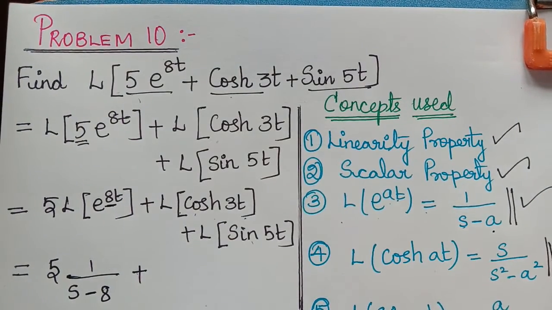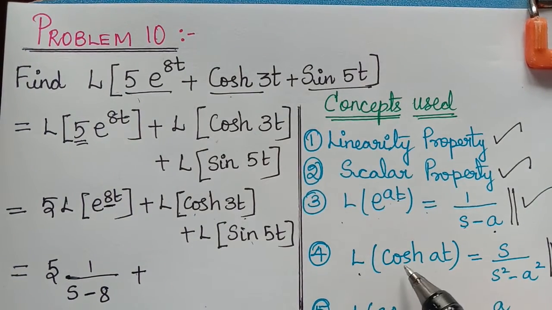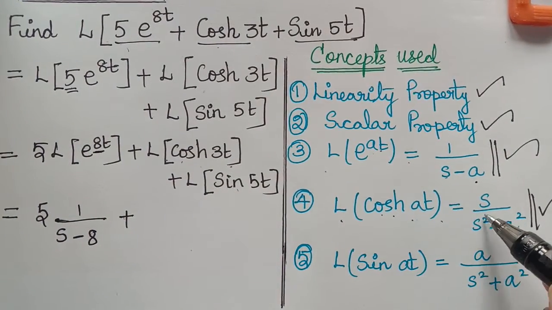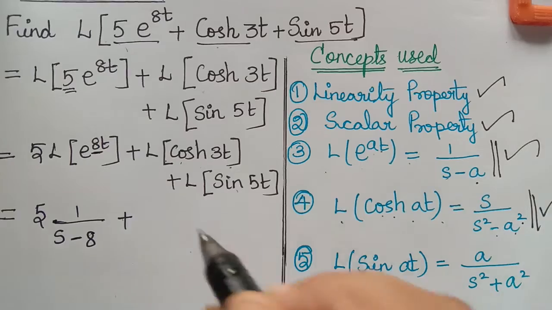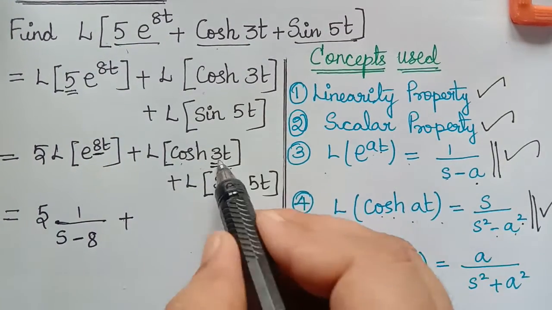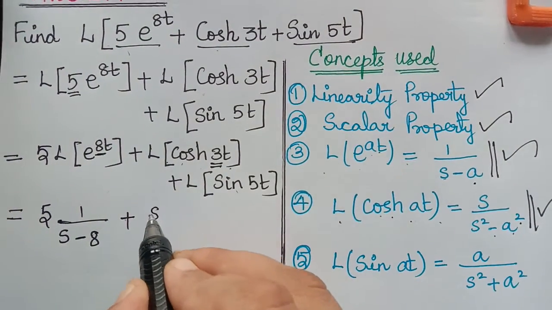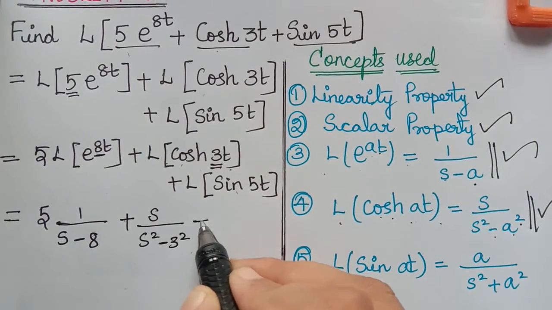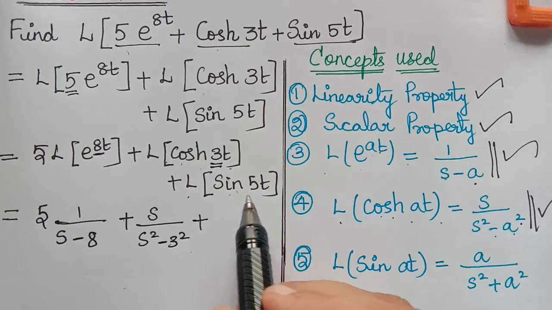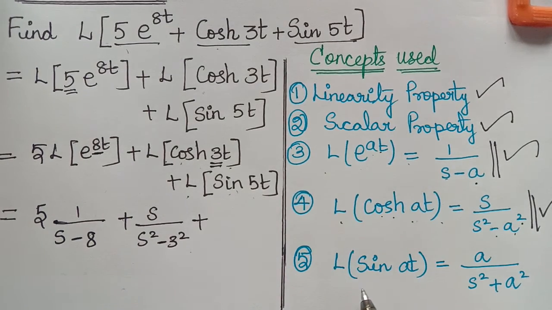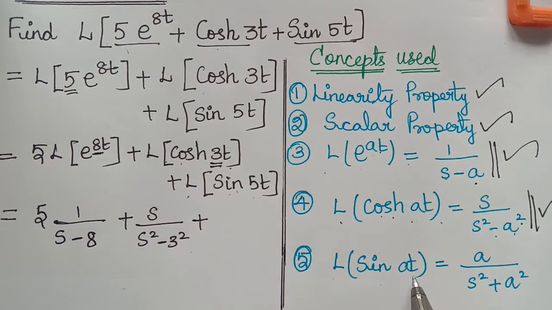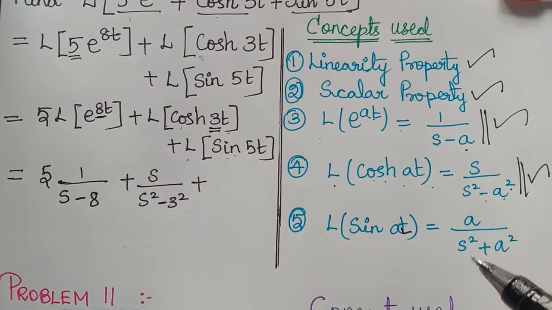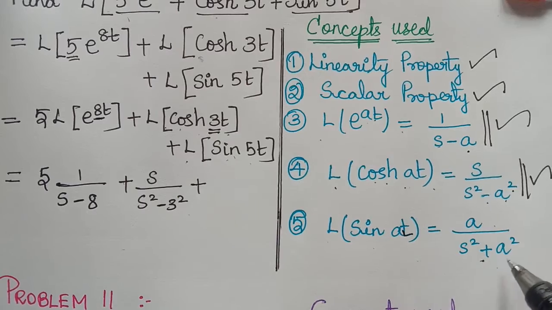We have to apply this result. Laplace transform of cosh at is equal to s divided by s square minus a square. Here the value of a is equal to 3. So it will be s divided by s square minus 3 square, plus Laplace transform of sin 5t, for which we have to use the result Laplace transform of sin at, which is equal to a divided by s square plus a square.